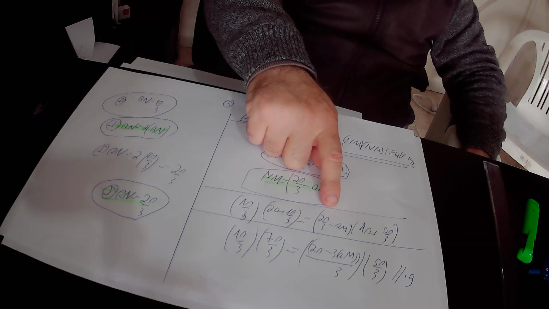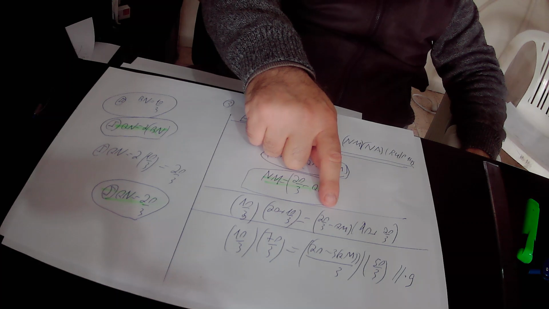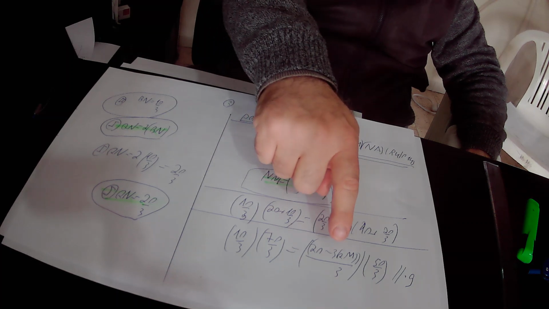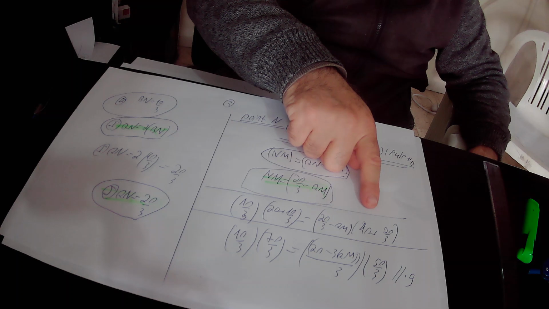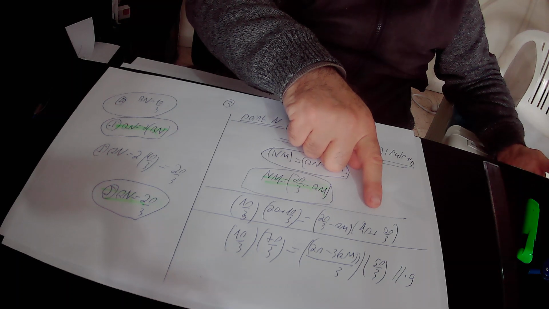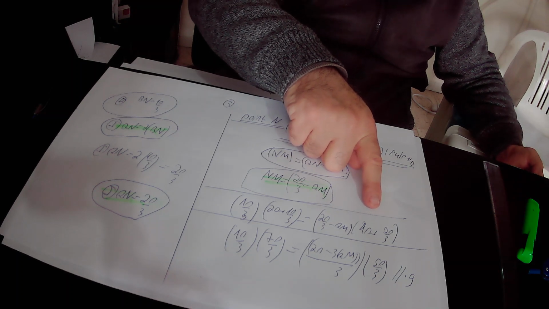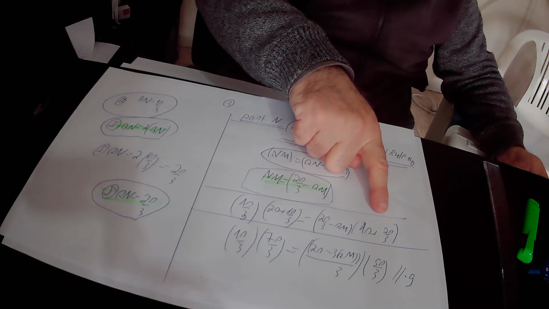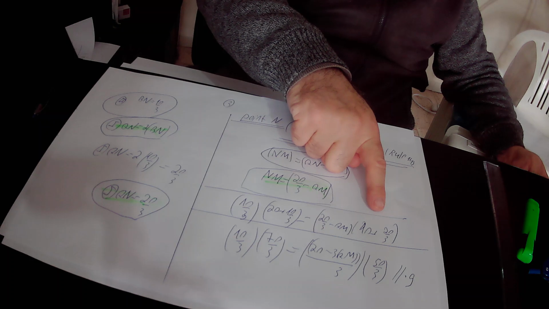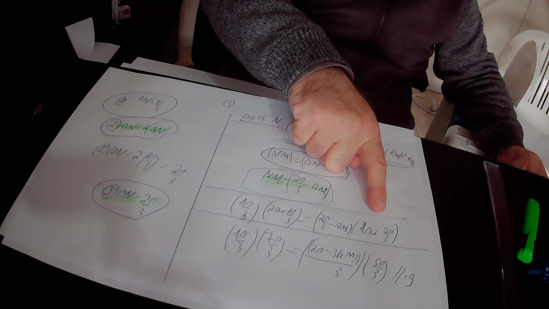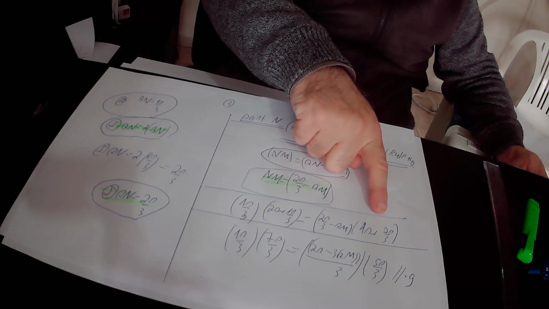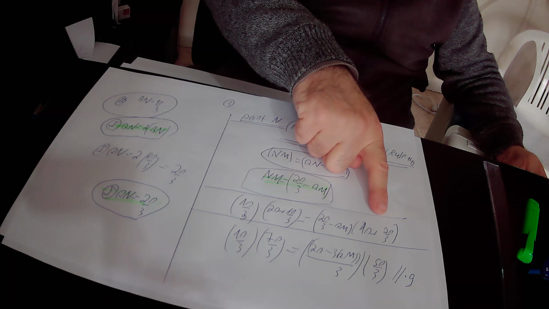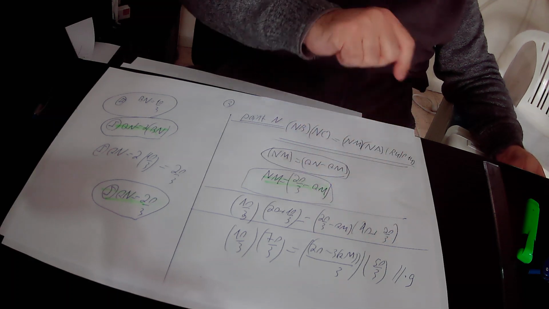So in the numerator of this expression, we have 20 minus 3 QM divided by 3 times 10 plus 20 over 3. Here we multiply 10 by 3 and then divide by 3 in order to have a common factor of 20 over 3. 10 times 3 is 30, 30 plus 20 is 50, so in the numerator of this expression we have 50 divided by 3.